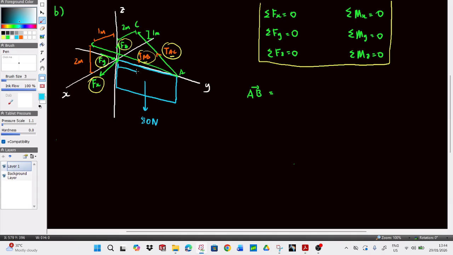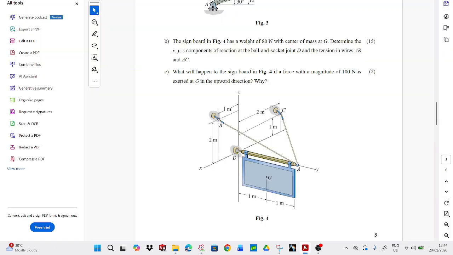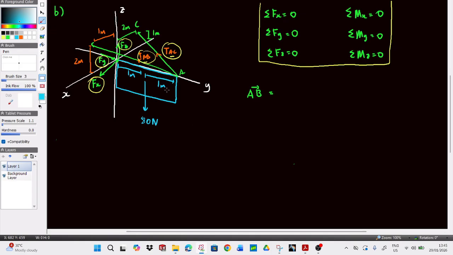Here is 1 meter and this is 1 meter, according to the question, am I correct? 1 meter and 1 meter. Okay, yes. Great. So for AB, in the x component, it has moved by 1 meter, so you write it as i. And then in terms of j, because it's going from this side, it's negative, so it becomes minus 2j.